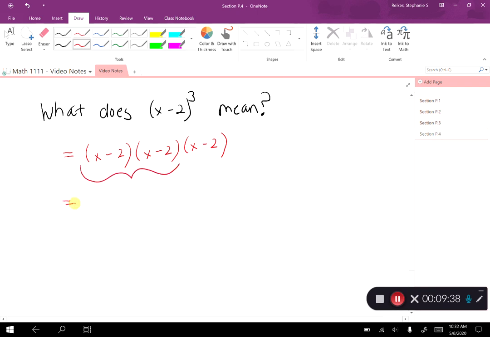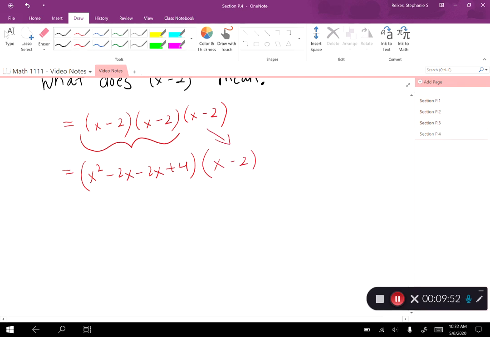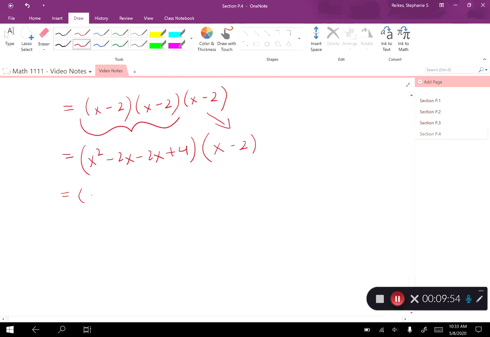First, FOILing, I get x squared minus 2x minus 2x plus 4. All that times this x minus 2 I drop down. Let's gather like terms in the middle first. That's going to be x squared minus 4x plus 4, all multiplied by the x minus 2.